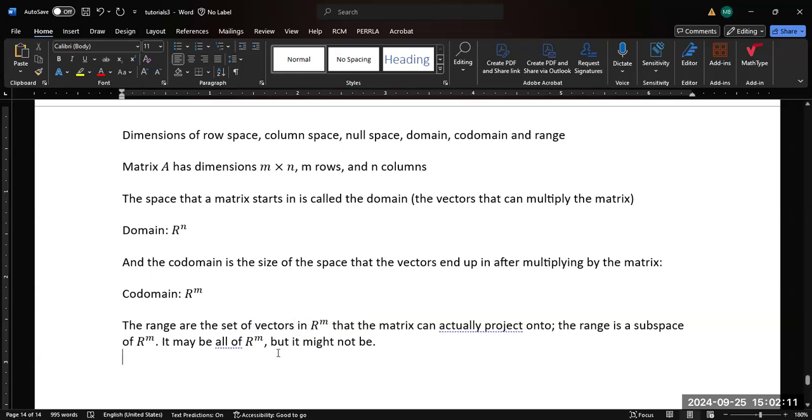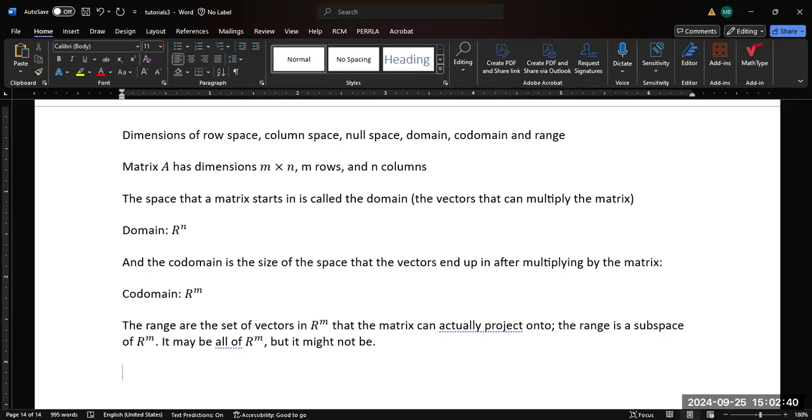If you can get to every vector in the space, if it's onto, for instance, then you're going to have the range and the codomain be the same. But the range and the codomain do not have to be the same. You can have a transformation which is not onto, so that it can't get to every possible vector in the space, so that there are inconsistent solutions.